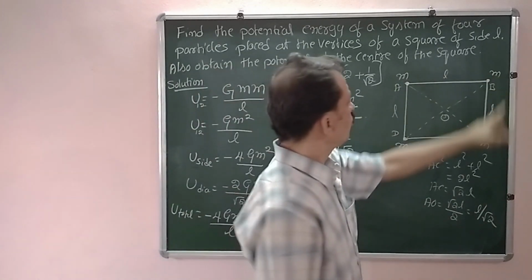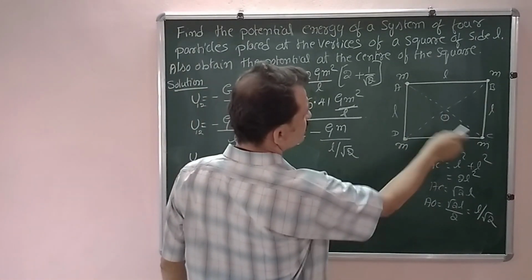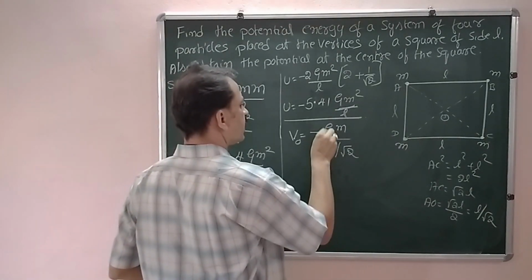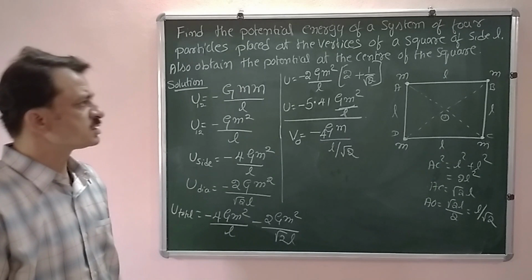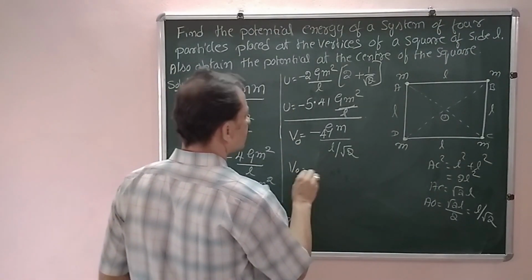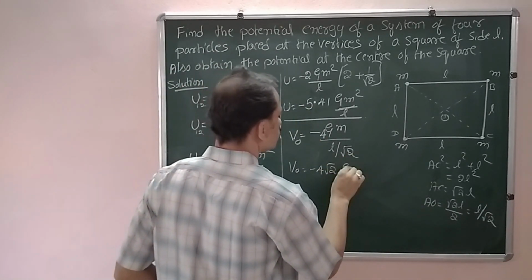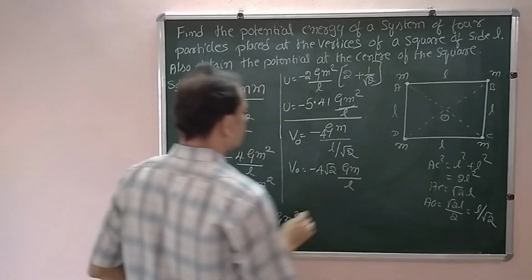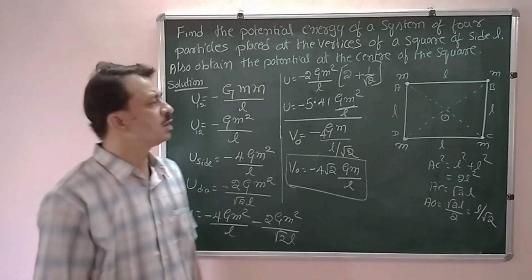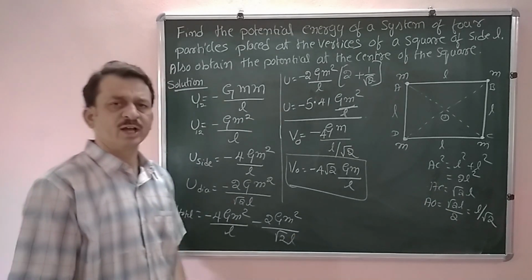Since we have 4 point masses at equal distance from the center, I have to multiply it by 4. Now if I further simplify this, root 2 goes to the numerator, giving minus 4 root 2 G m divided by L. This is the answer for the gravitational potential at the center. Like this we are going to solve the problem.